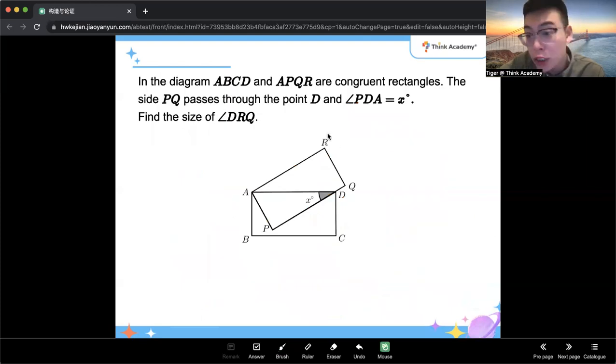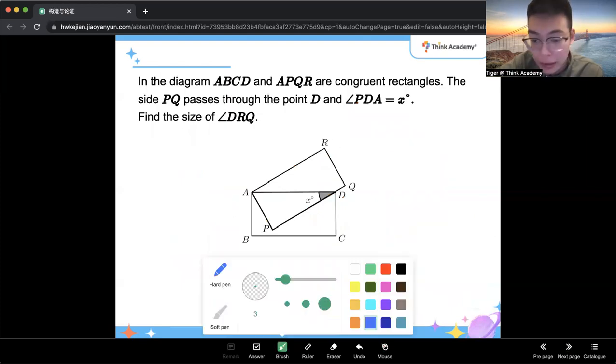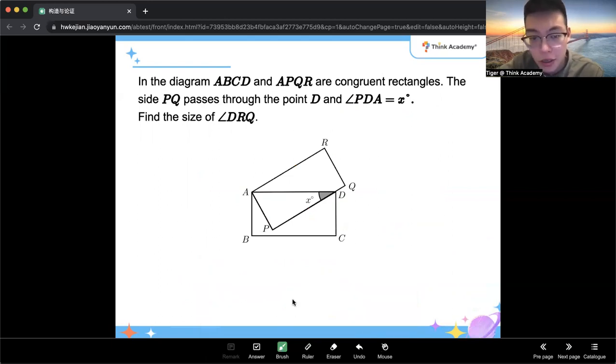And for some geometric constructions, again, there's not much I can teach you about, just an observation. You just need to do an observation and construction. But then this question is already giving you the hint, like find the size of the angle DRQ.